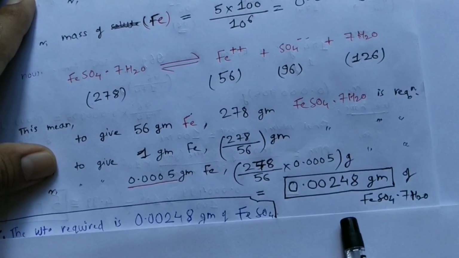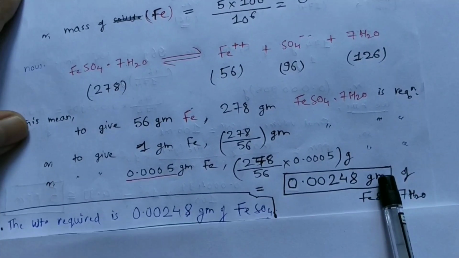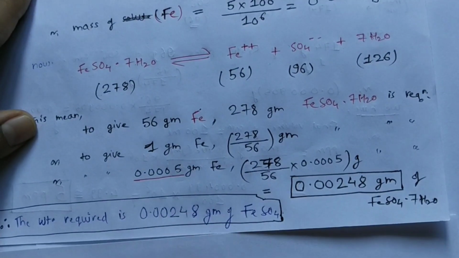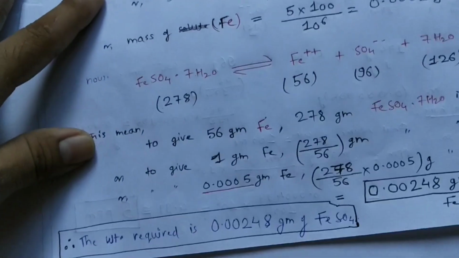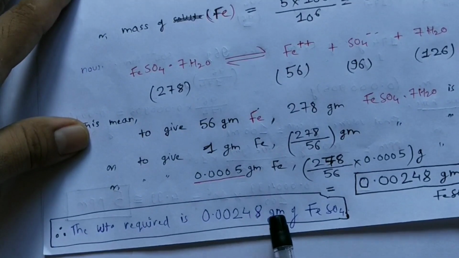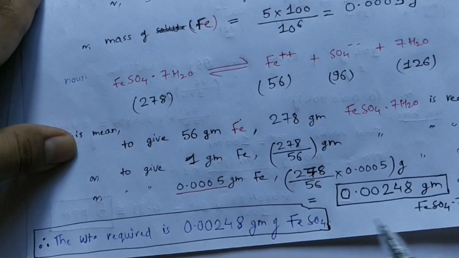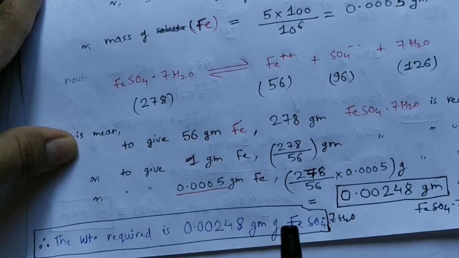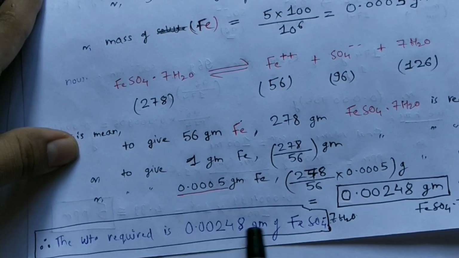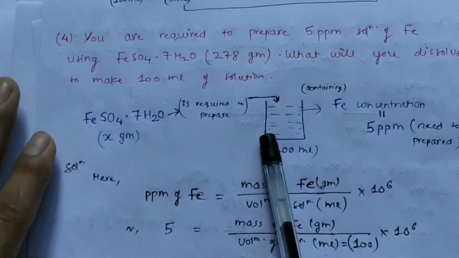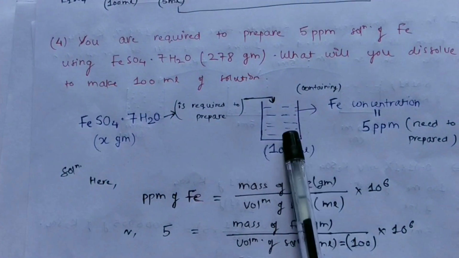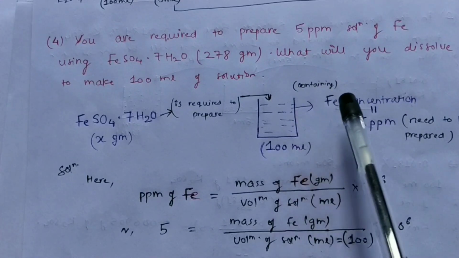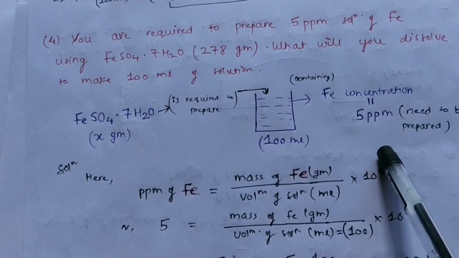Then you will get the FeSO4.7H2O weight required, which is 0.00248. This means that if you dissolve 0.00248 gram of FeSO4.7H2O powder, sorry, I forgot to write .7H2O here, in water and make up the volume to 100 ml, then your concentration of iron in that solution will be 5 parts per million.